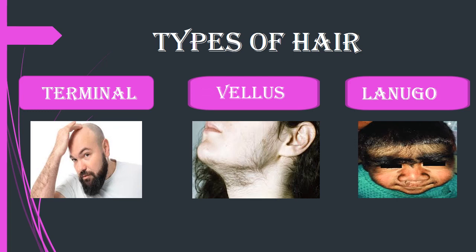So there are three types of hair: terminal hairs, which are coarse medullated hairs, present on scalp, beard, eyebrow and pubic area. Vellus hairs are fine short downy hairs present on the face of females and prepubertal boys, and lanugo covers the fetus.